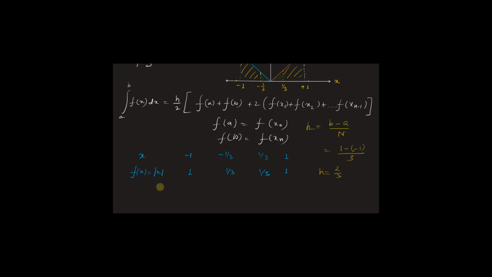So the integral from -1 to 1 of modulus of x dx will be equal to h by 2, so h is 2 by 3 divided by 2, multiplied by f of a, which is 1, plus 1, plus 2 times 1 by 3 plus 1 by 3.